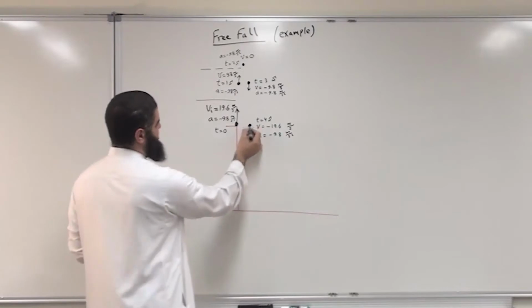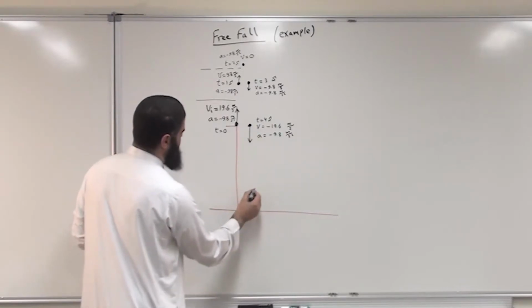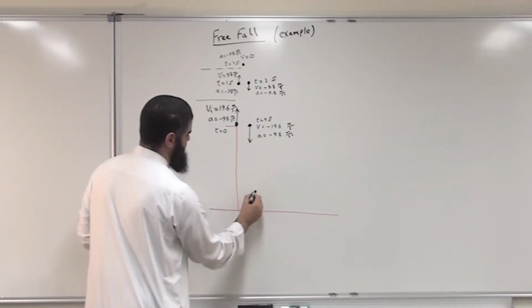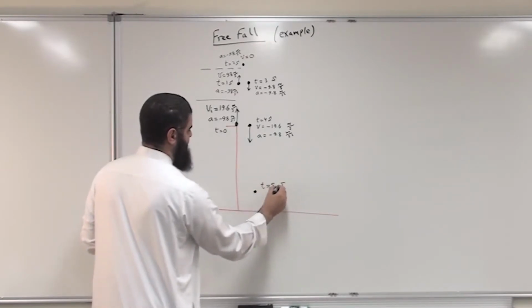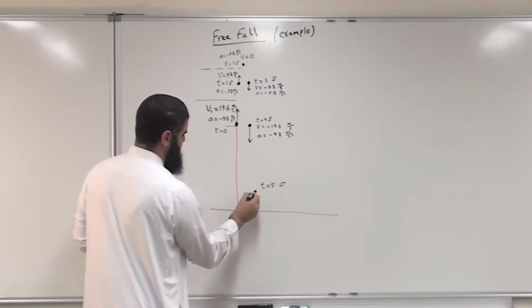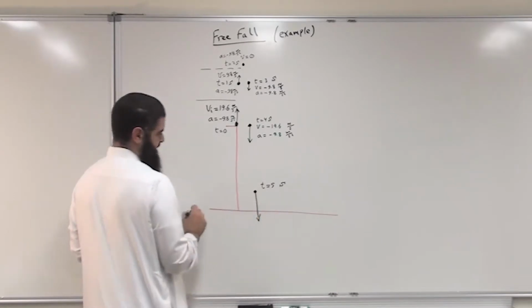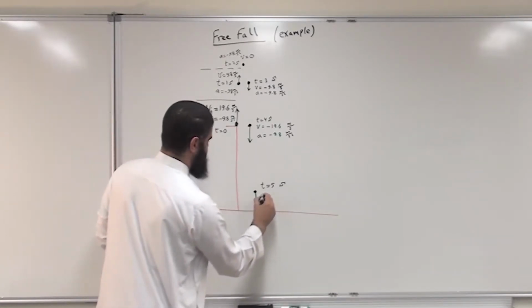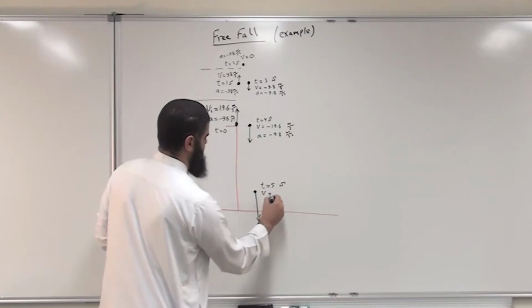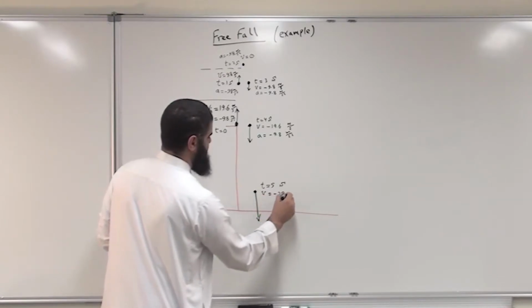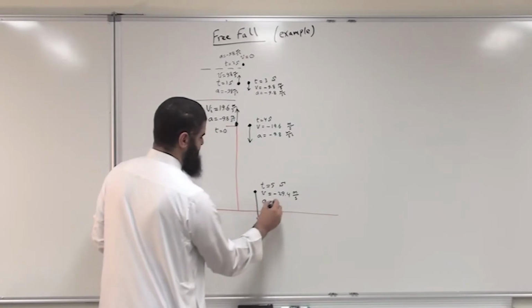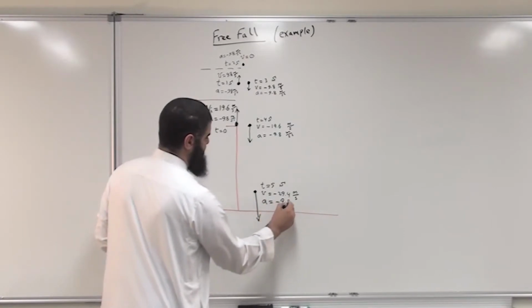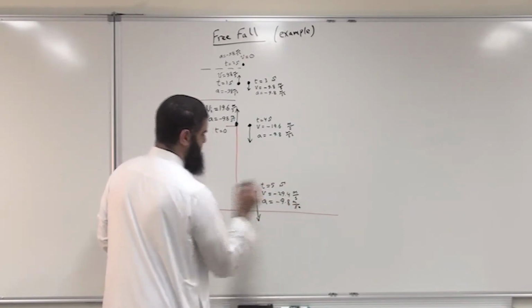If my object continues moving, 1 second later it will be here, t equals 5 seconds. The velocity has increased more and more. So v here is minus 29.4 meter per second, and the acceleration is still minus 9.8 meter per second square.